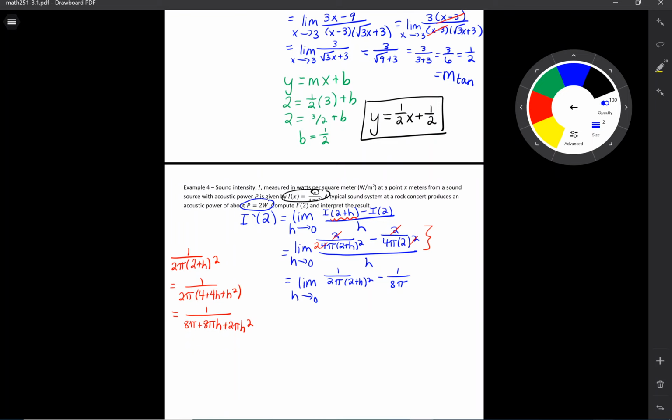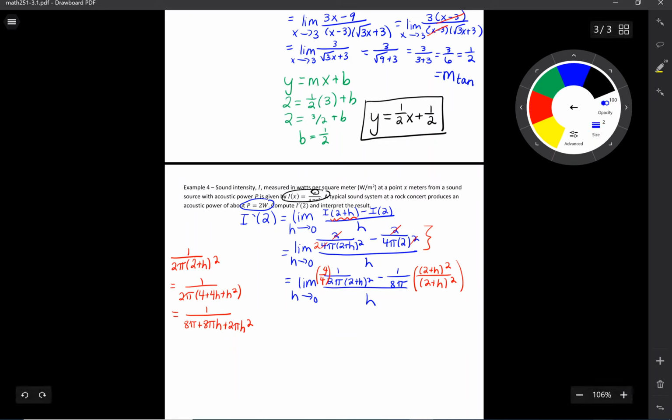So I need to multiply, oh, and all of this is over h, of course. So I need to multiply this guy by (2 plus h) squared on the top and the bottom. And over here, I need to multiply this side by 4 over 4 to get my 8 pi in there.